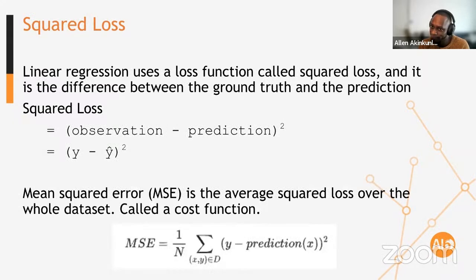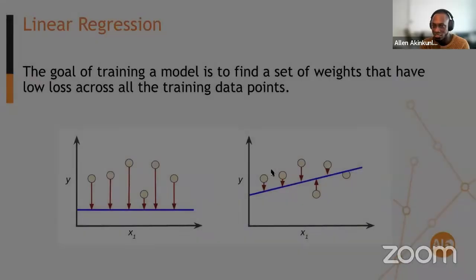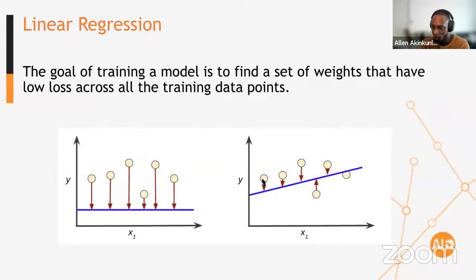Right. So like I said, linear regression uses a loss function called squared loss, and it is the difference between the ground truth and the prediction, which in this case, this is the ground truth. This is for the data point, we know its real value, but this point on the line is what our model is predicting, right?